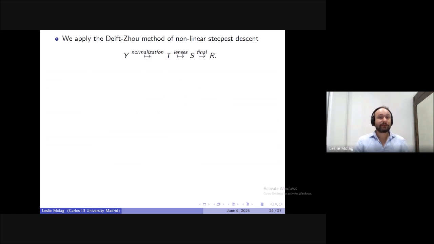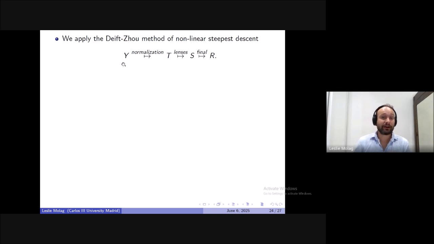Now, there is basically a more or less standard way to solve such a Riemann-Hilbert problem. By solve, I mean asymptotically solve it, so understanding what happens as n tends to infinity. This is known as the Deift-Zhou method of nonlinear steepest descent.